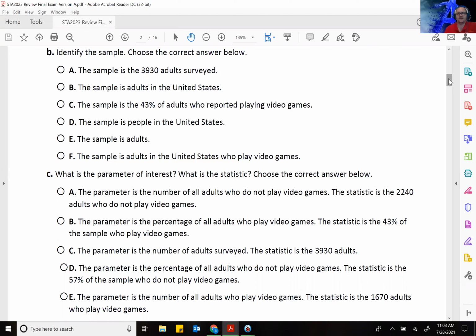What is the statistic? Would it be B? So you're saying the parameter is the percentage of all adults who play video games. The statistic is the 43% of the sample who plays video games. And I'm going to agree. Yay. I love it.